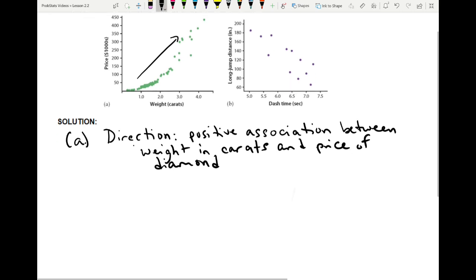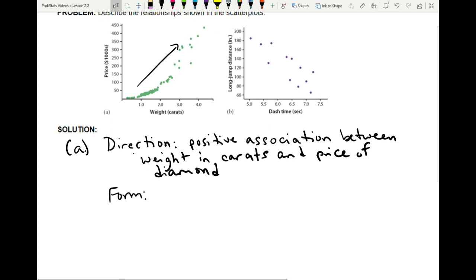All right, so now let's talk about the form. There seems to be a curved nonlinear pattern here. If you look at it, it seems like a curved pattern. In fact, it actually seems like an exponential pattern. So the price exponentially increases the greater the weight in carats, which makes sense from our experience.